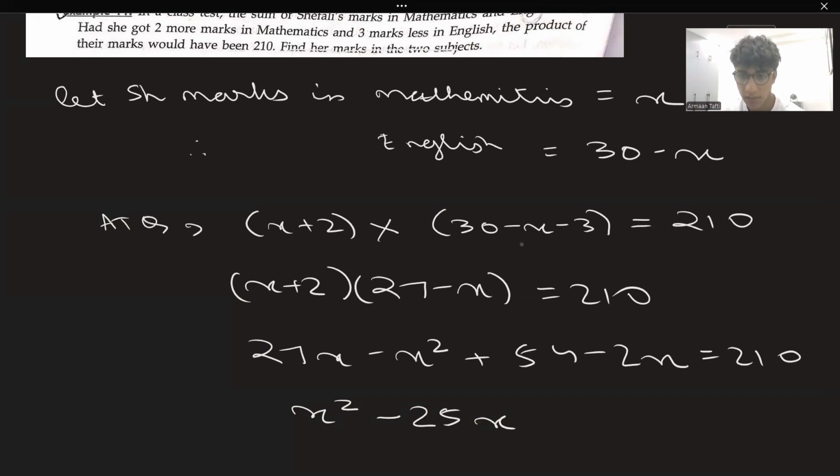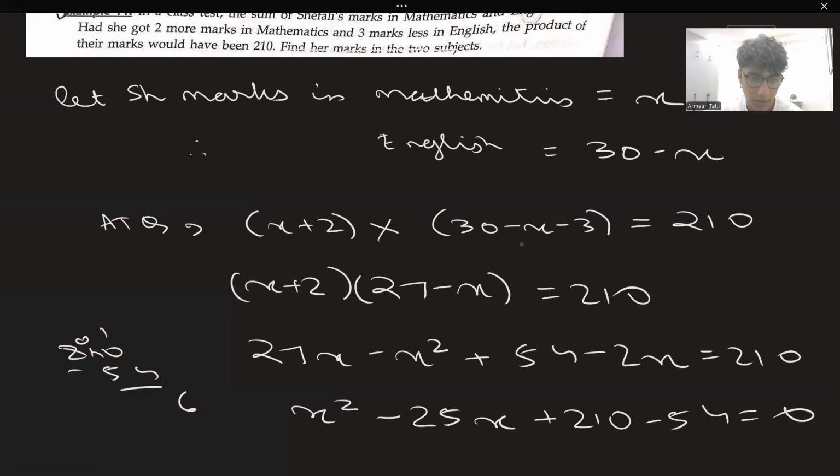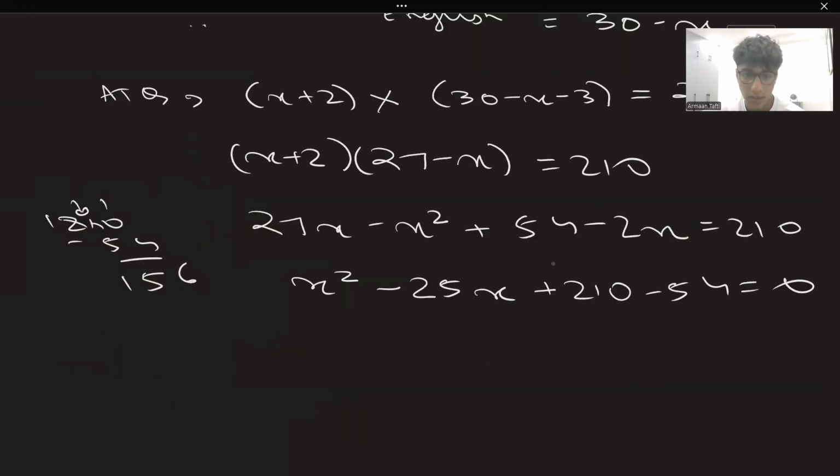And then you have 210 minus 54. You can just quickly work out what 210 minus 54 is on the side. 156. So you scroll down, quadratic equation x square minus 25x plus 156 is equal to 0.